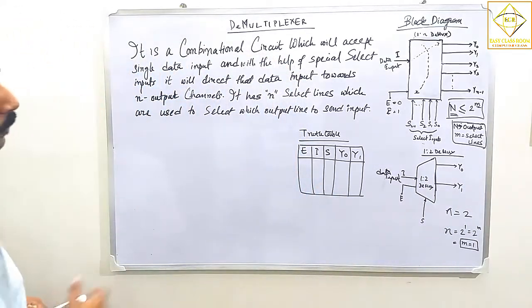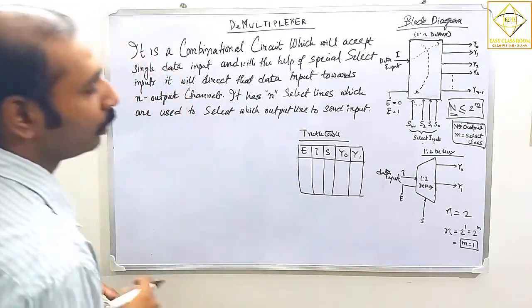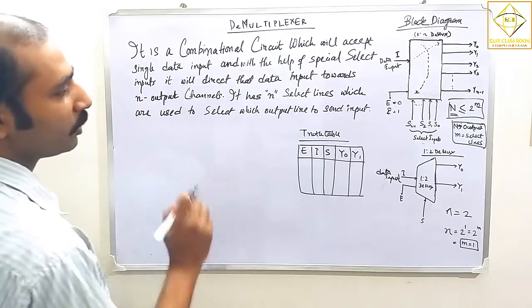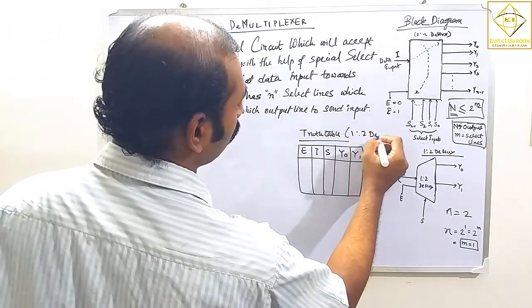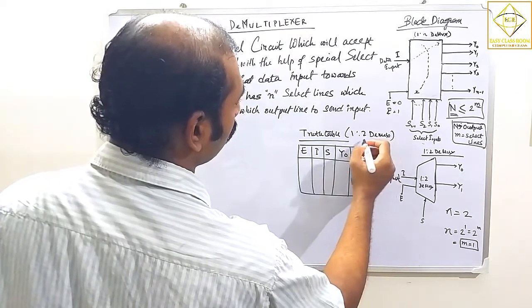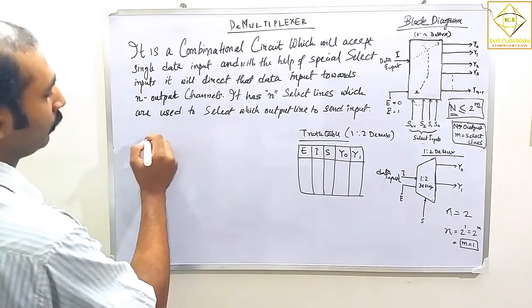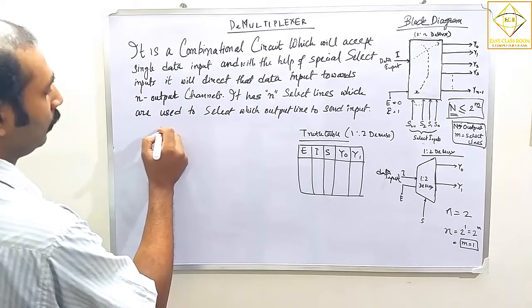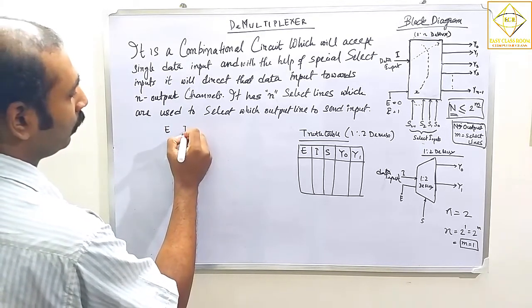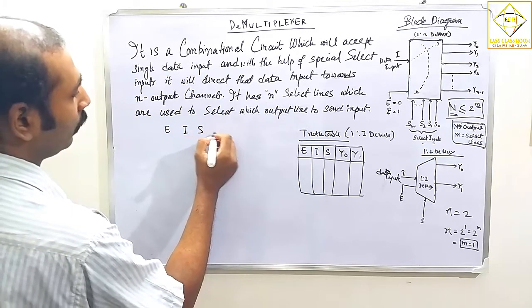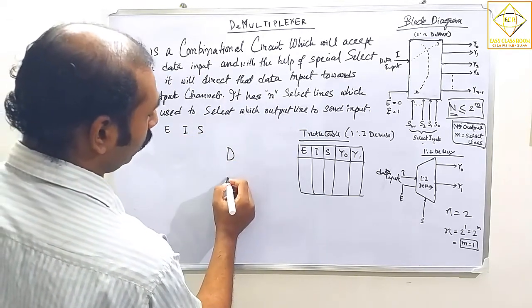So let us consider the circuit for the 1 is to 2 Demux. So here is E, I, S, and then there are two lines.